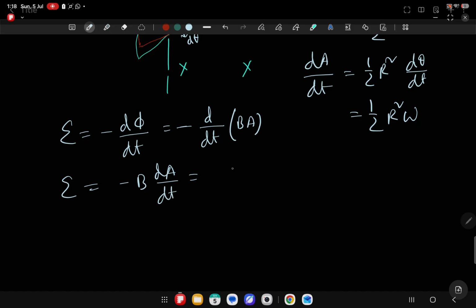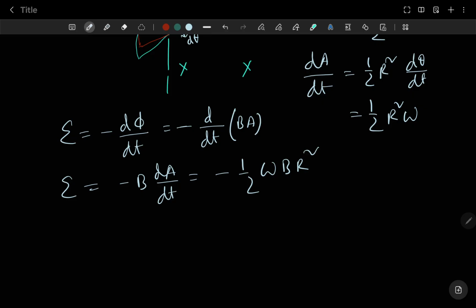So it is minus half omega B r square. Alright, clear? If you want to take the magnitude, the minus indicates back EMF. The magnitude is only half omega B r square.